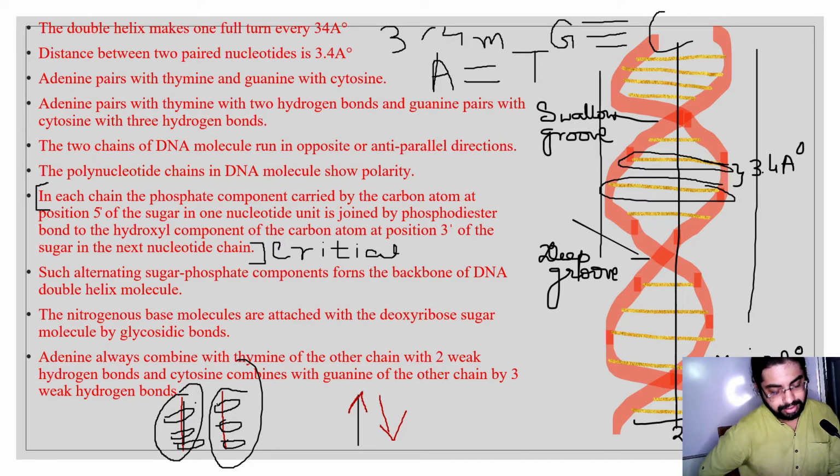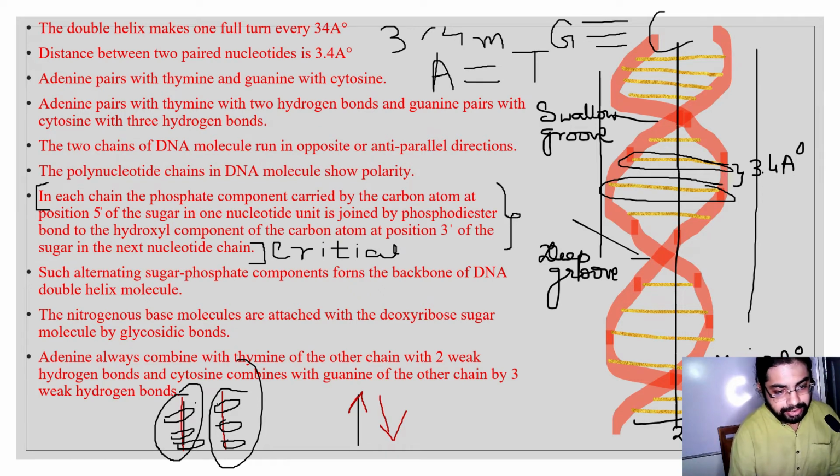This is very critical, so I will explain this in my next video, where I will describe the spatial arrangement of the sugar moiety, phosphate group and the nitrogenous base. For this video, this is not so important, but it is given because it is described in the Watson and Crick model of DNA.